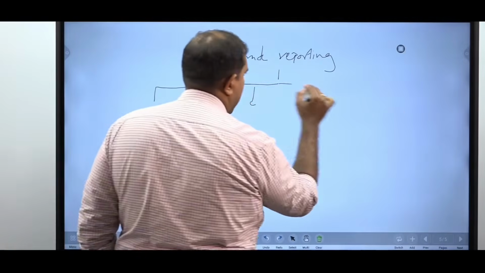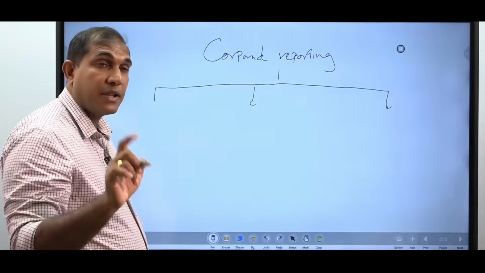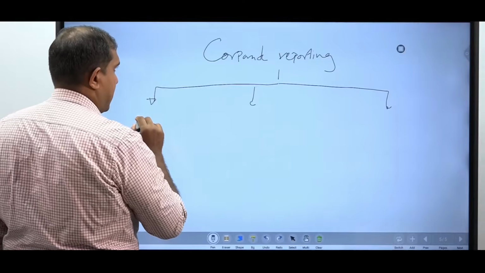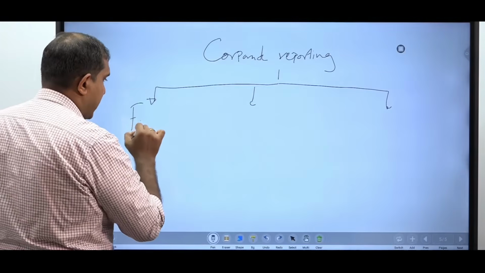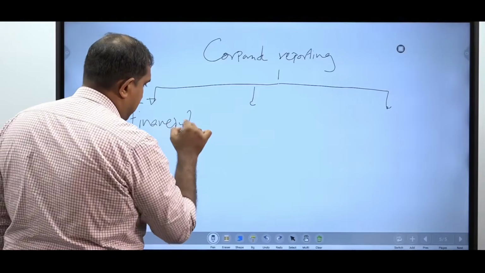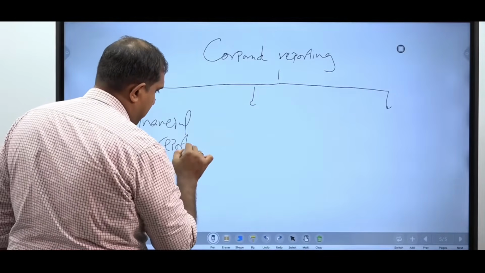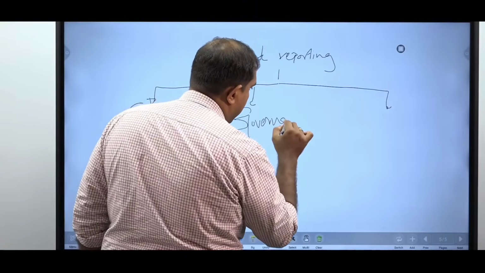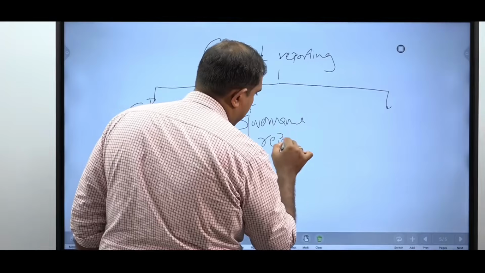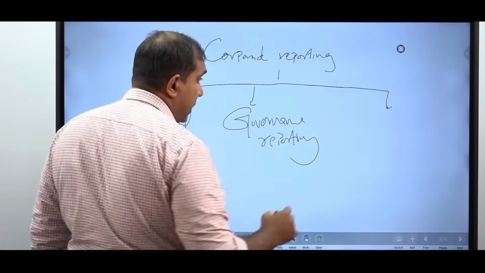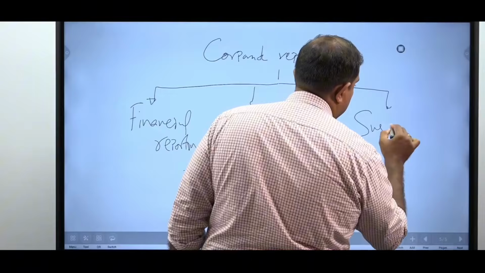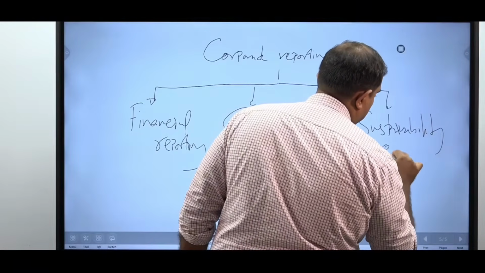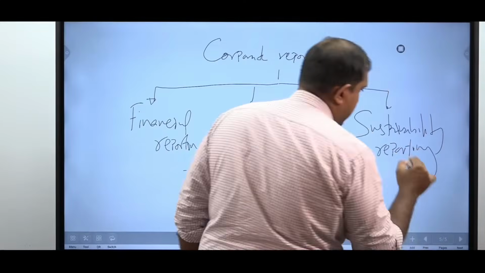Remember, corporate reporting is a broader term, consisting of 3 things. Number one, financial reporting. Number 2, governance reporting. Number 3, sustainability reporting.